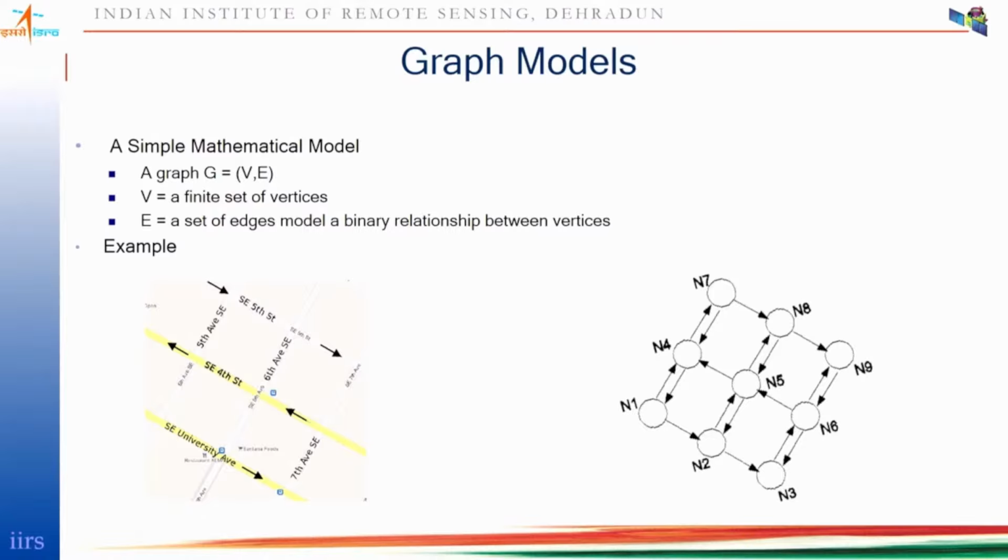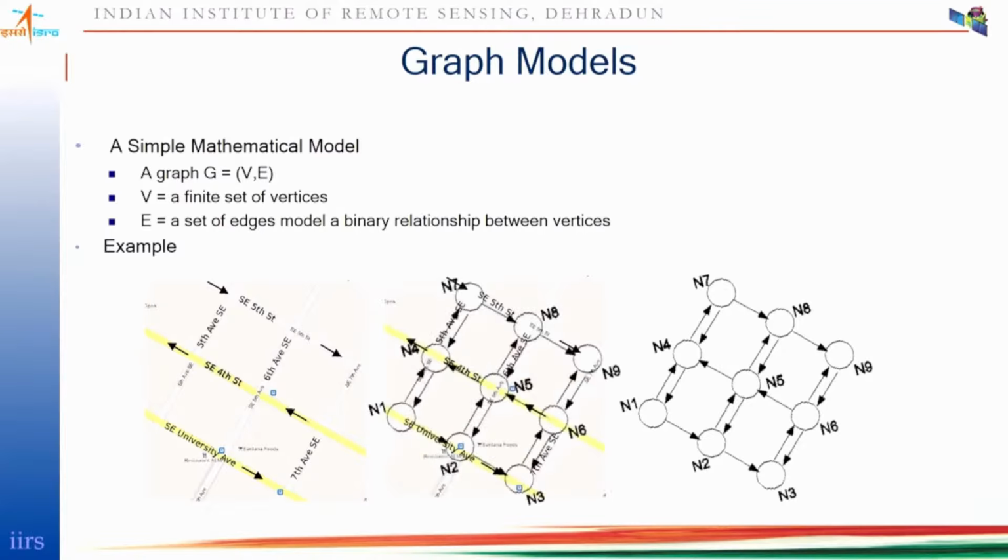Edges represent the starting and ending point of each node. For example, an edge can be represented as N1 and N4, which gives you the connection from the leftmost or west point in the direction of the northeast. So that's the first edge we see. Those kinds of edges can be created from these graph models. So you can create a network of edges at your side, which will give you a representation as we see in the middle.